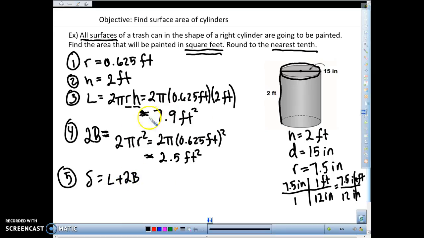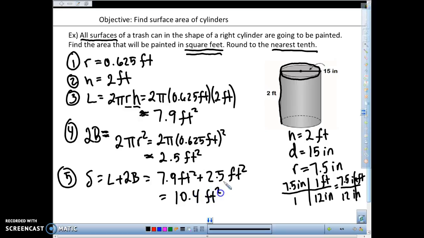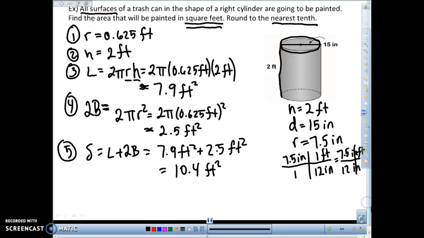I have L. I have 2B, so I just go ahead and compute. 7.9 square feet plus 2.5 square feet is, sorry, not 8. 7.9 plus 2.5 would be 10.4 square feet. Thus, the area of the trash can that needs to be painted is 10.4 square feet.